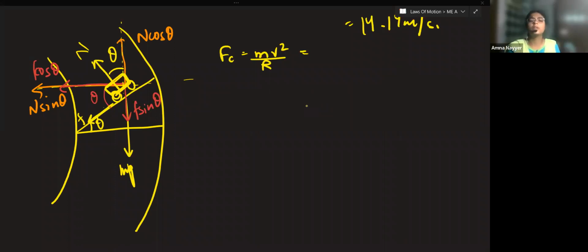Yes class, try to look in the figure. Which force are you able to notice? The characteristic of centripetal force that we had studied was, firstly, that centripetal force always acts towards the center along the radius. So according to you, which force do you think will provide the necessary centripetal force?